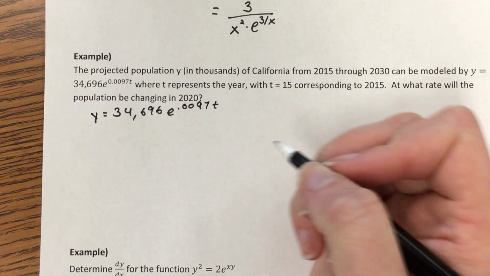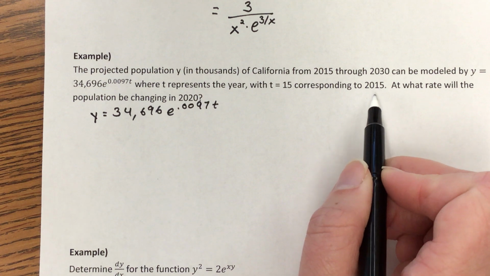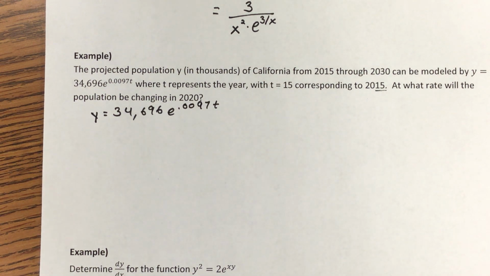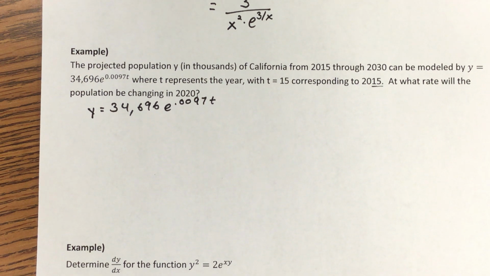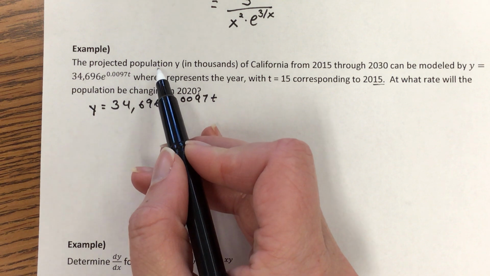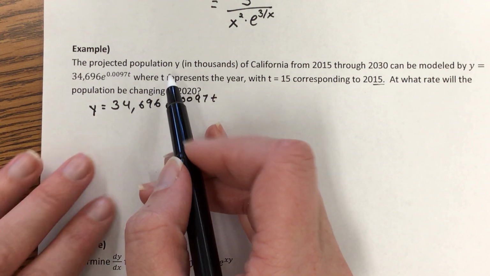T represents the year, and t equals 15 represents 2015. Okay, so it looks like we're just looking at the tens and ones digits. At what rate will the population be changing in 2020? Okay, so we're looking for what is the rate of change of the population. Y is the population, so we're looking for the rate of change of y, which is just y prime.